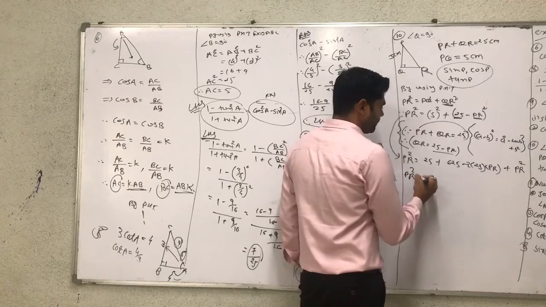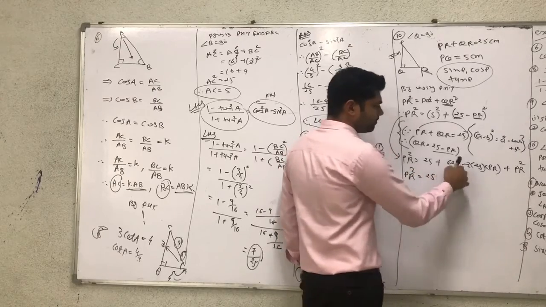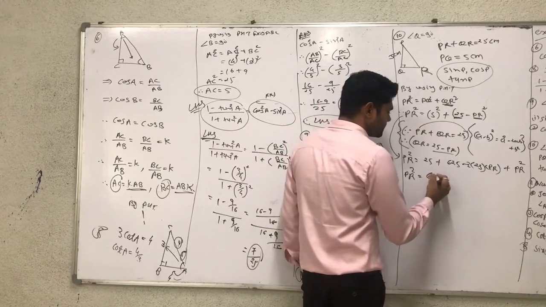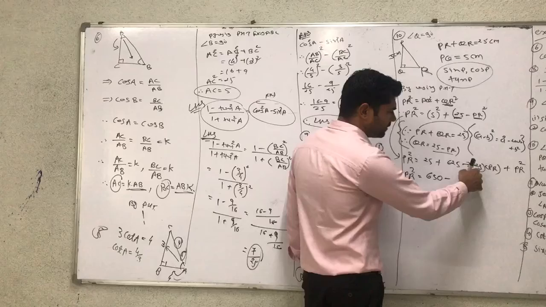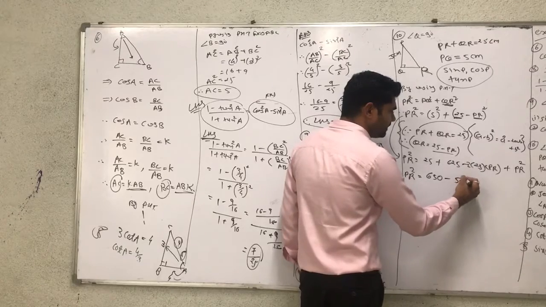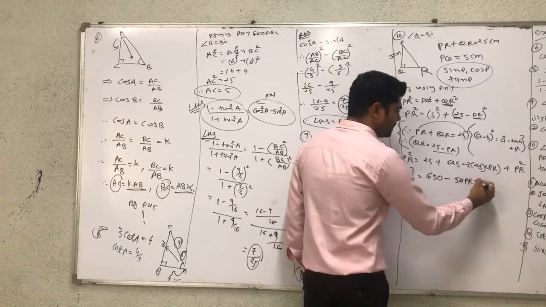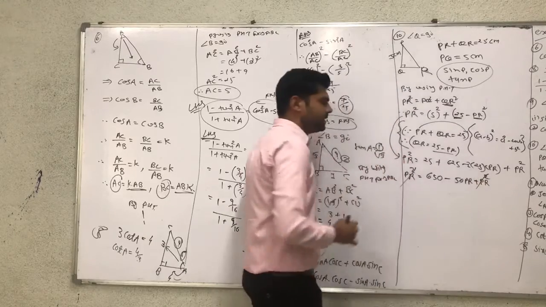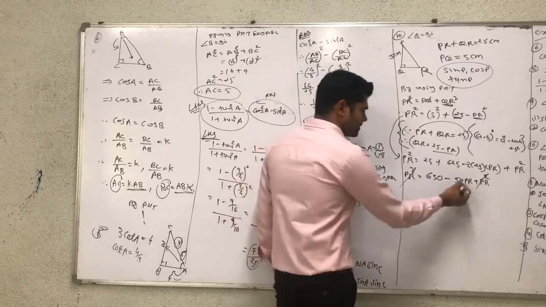PR square is equal to 25 plus 625. Answer is 650 minus 25 into 5, 50 PR plus PR square. PR square cancel, side change.